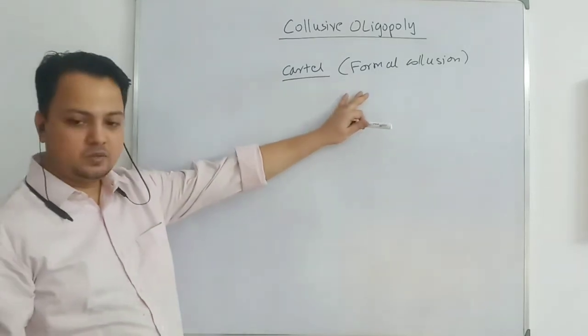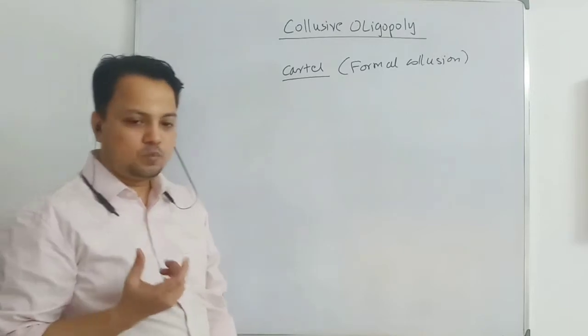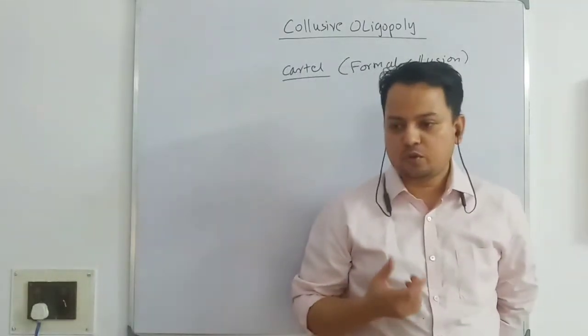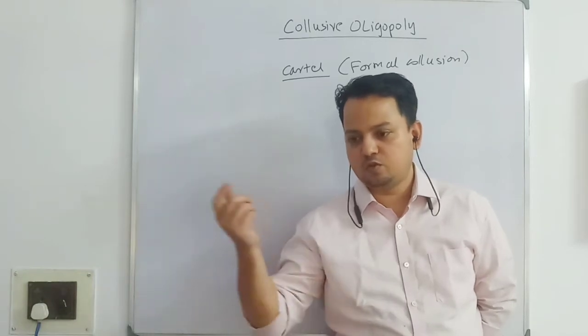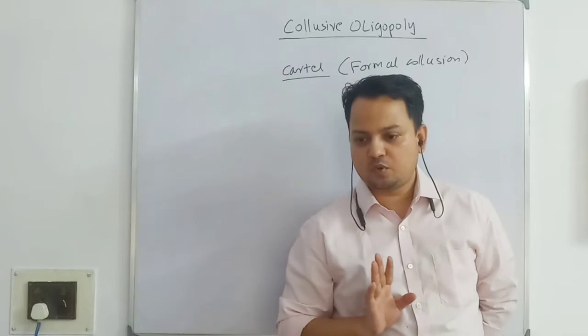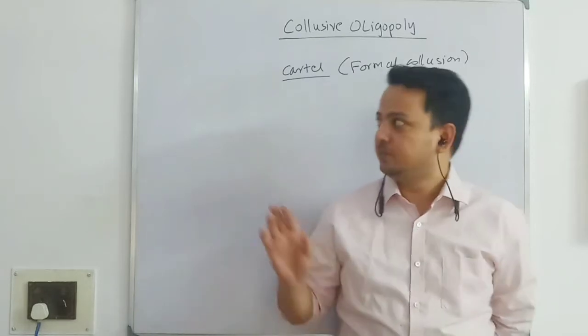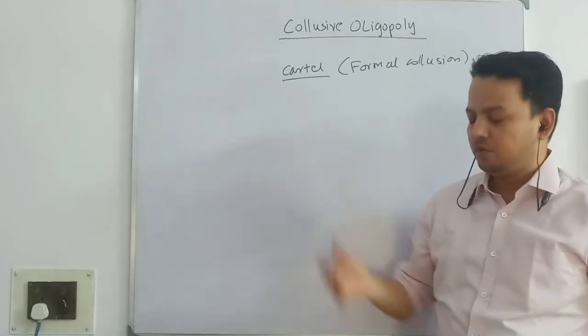There will be an agreement, and based on that you will have collusion. A group of firms come to an agreement on how much output they want to produce, that means what will be the joint output and what price to charge. And what is the process? I am coming to the process later on.